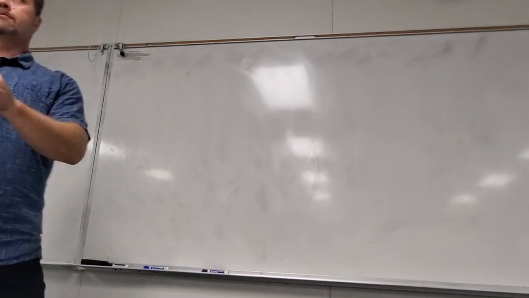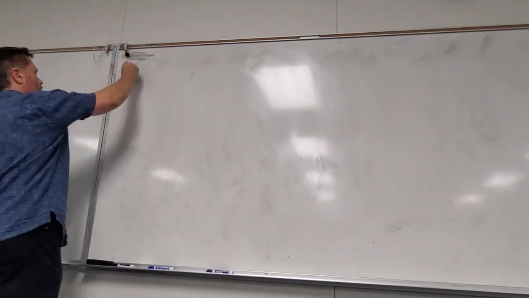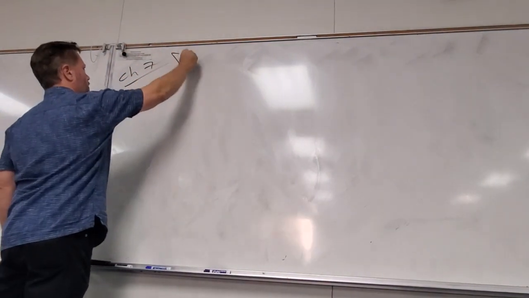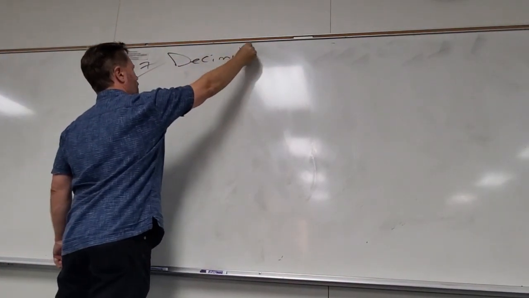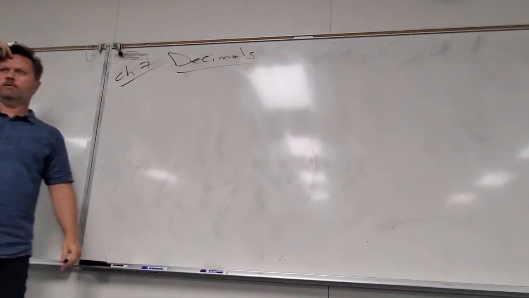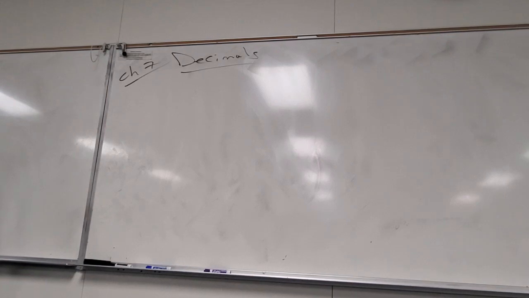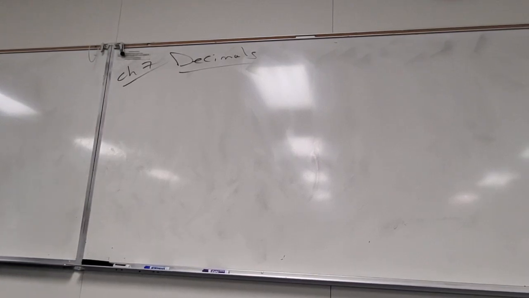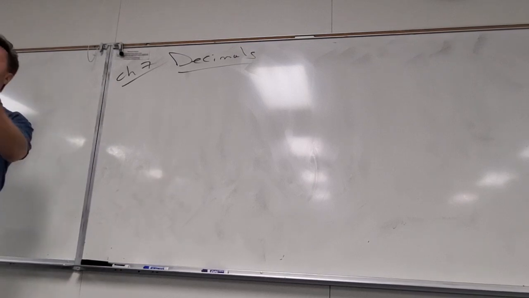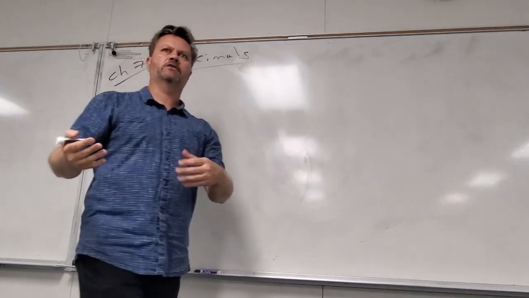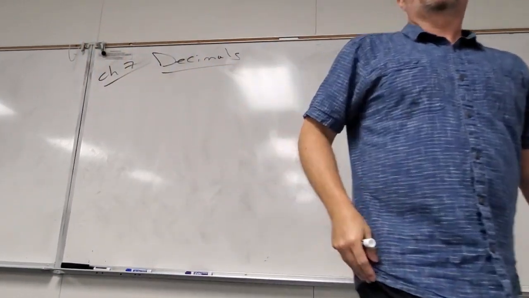So let me ask you this, to get into this next chapter. Can anybody just tell me, do you have something about decimals that you don't like or don't understand? Or what do you think of when I say decimals? Obviously, you can imagine a decimal.